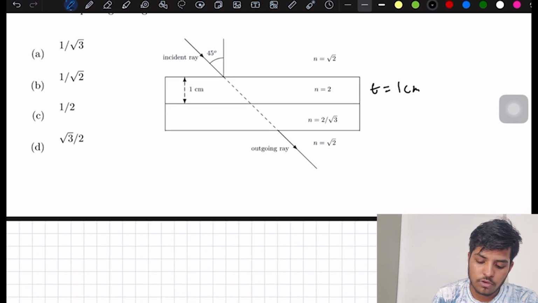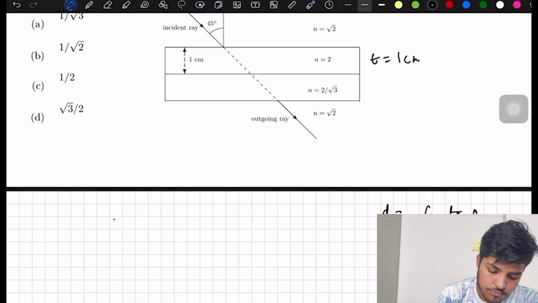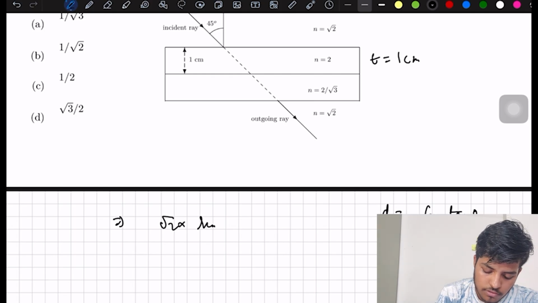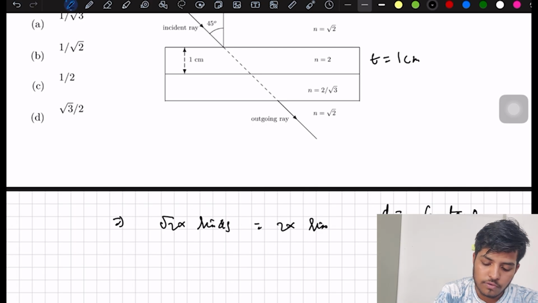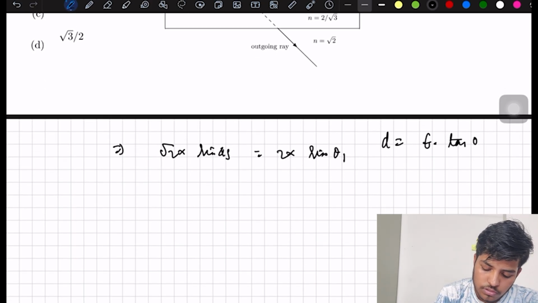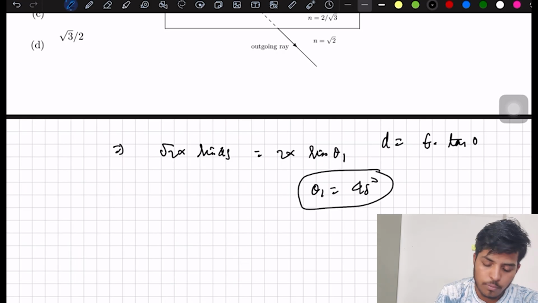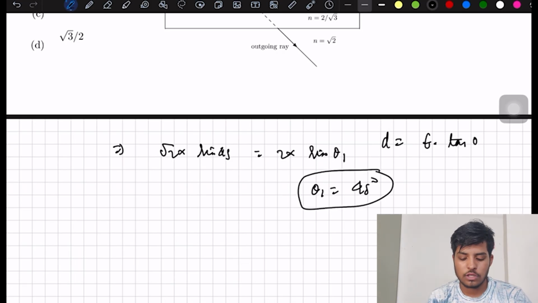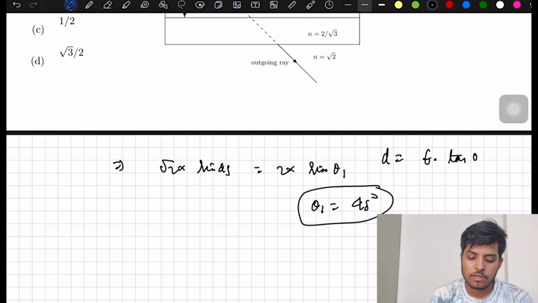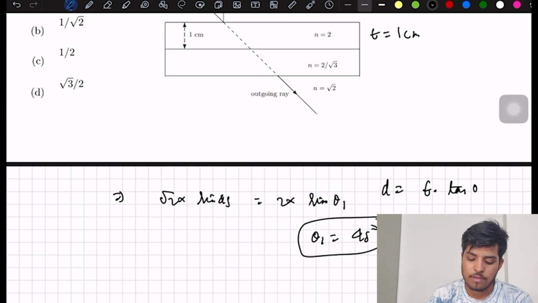So first of all apply Snell's law here. Root 2 into sine 45 equals 2 into sine theta 1 to find the angle of refraction. So theta 1 equals 45 degree, as sine theta 1 equals 1 upon root 2. Now this will be the incident ray for the second slab.